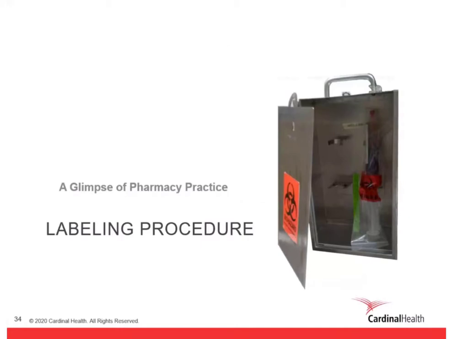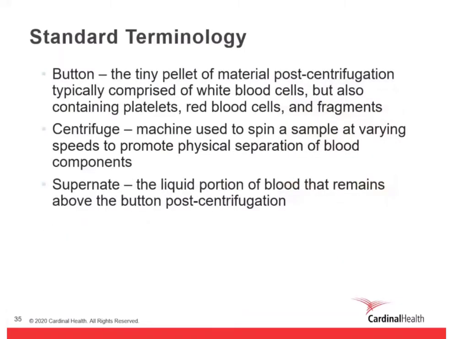So we're going to do a quick overview of the actual labeling process, but I want to define a few terms that you're going to hear as we talk about this. So we talk about the button. The button is a tiny pellet of material post-centrifugation, basically after we spin it. It's typically comprised of white blood cells, but it also contains platelets, red blood cells, and other various blood fragments.